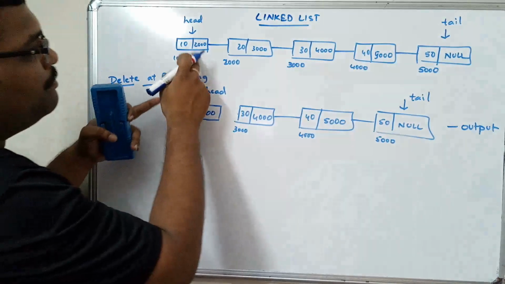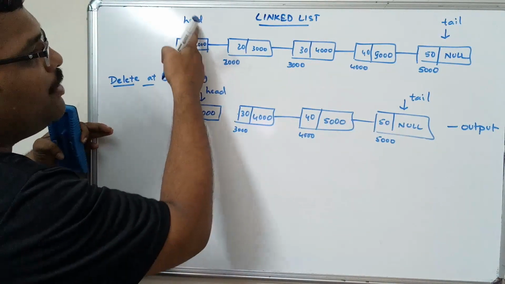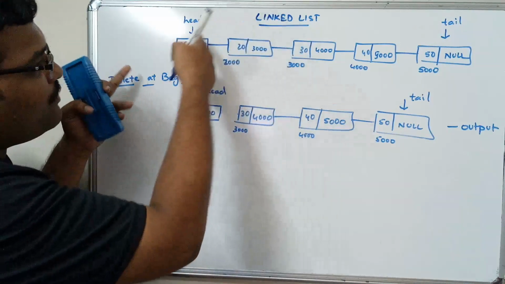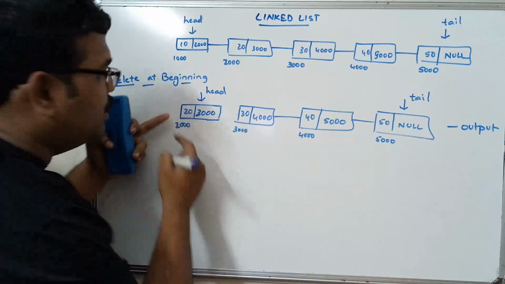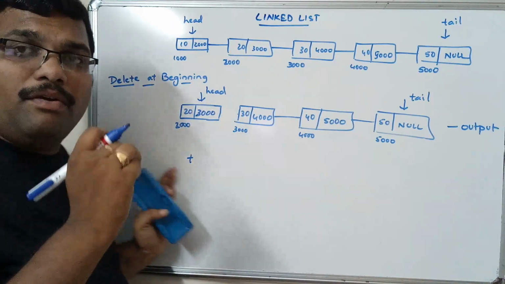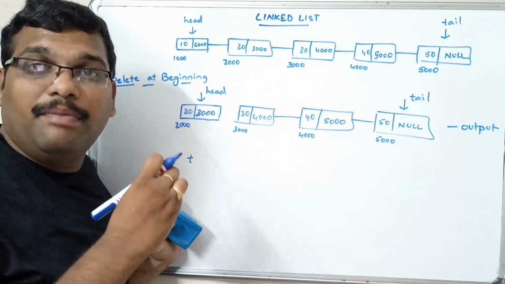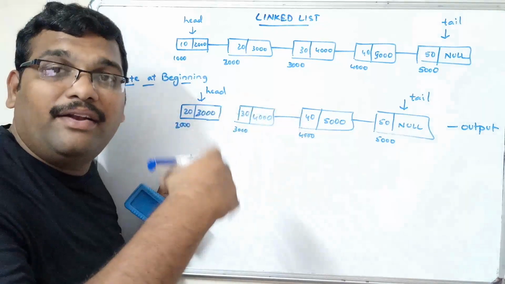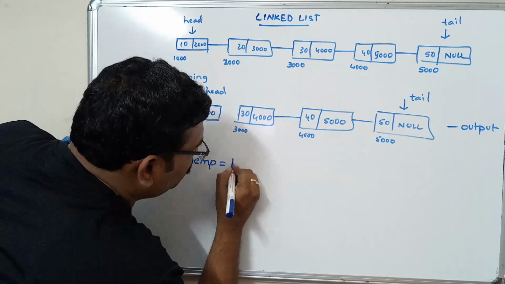In order to place null, we have to move the head to the second element, because after deleting this node, the head will be on node 2. Just remember, we need not modify the head directly. We can take one temporary variable and assign the head to it. So temp is equal to head.